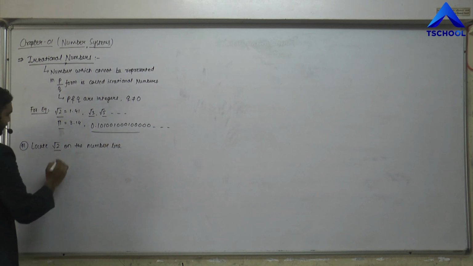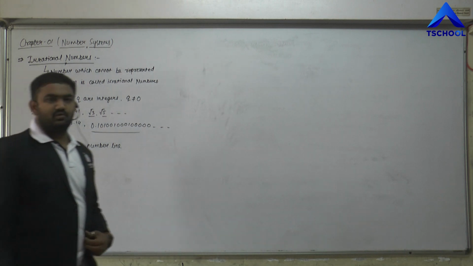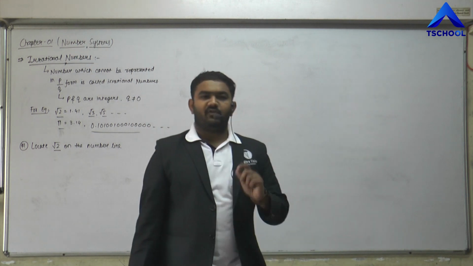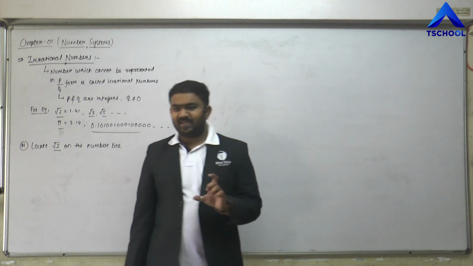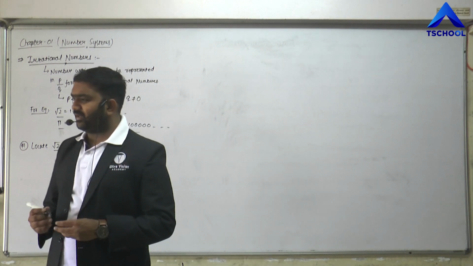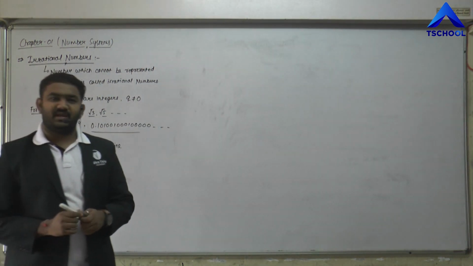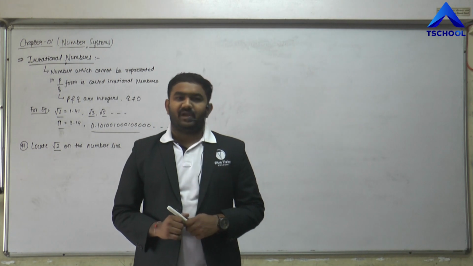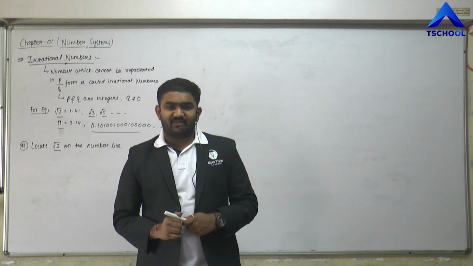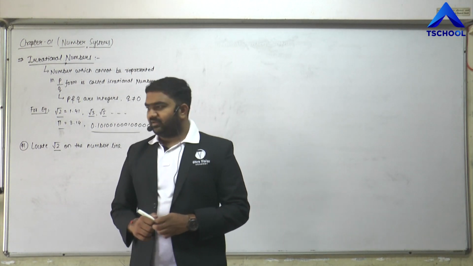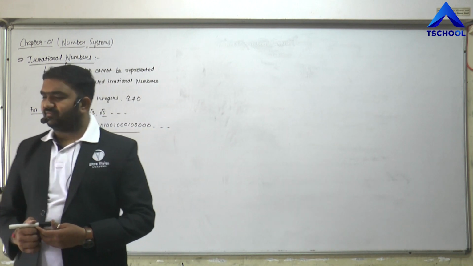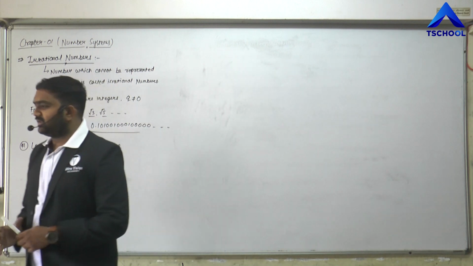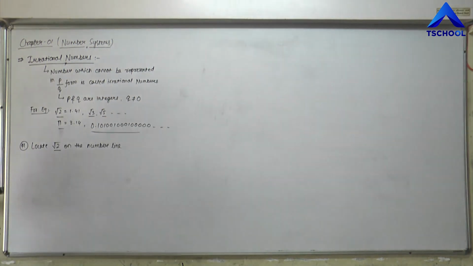Now, to locate this number on the number line, first of all, I shall need the help of a compass, right? We know what a compass is. A compass is an instrument that is used to draw an arc with the given center, right? Now you might come to the conclusion that, sir, why can't we draw a circle? So a circle is also an arc here. So it is an instrument that is used to draw an arc.